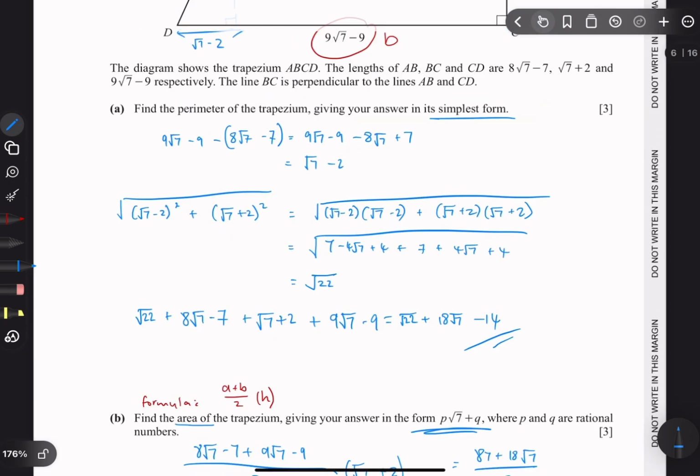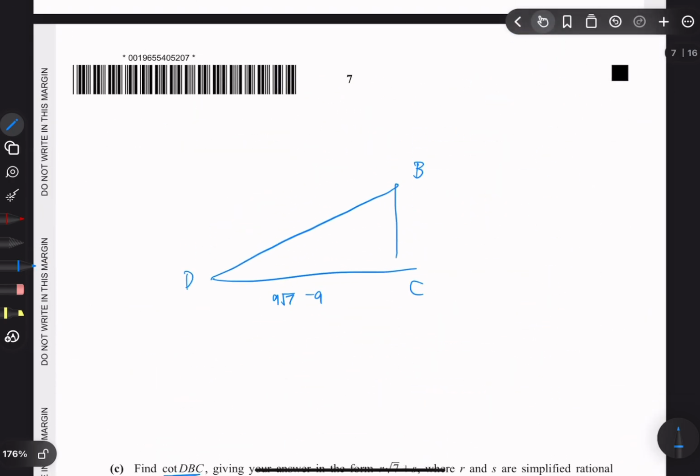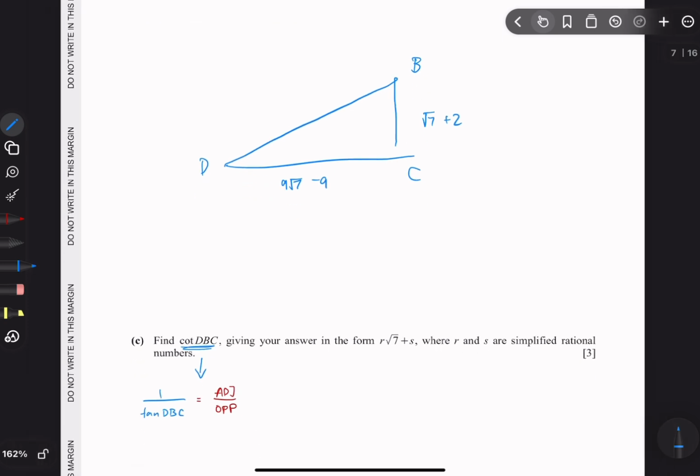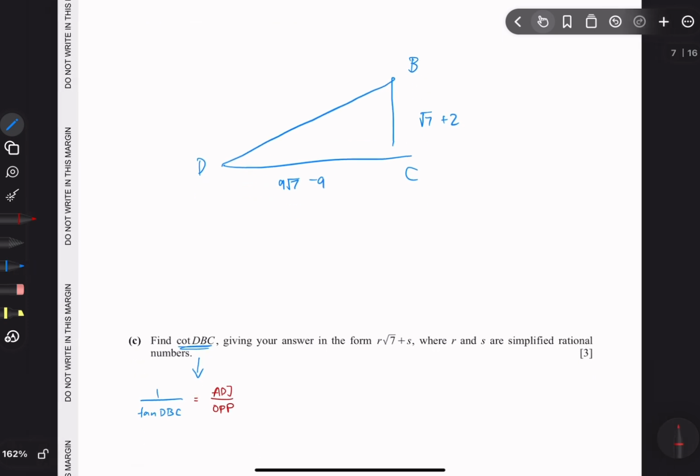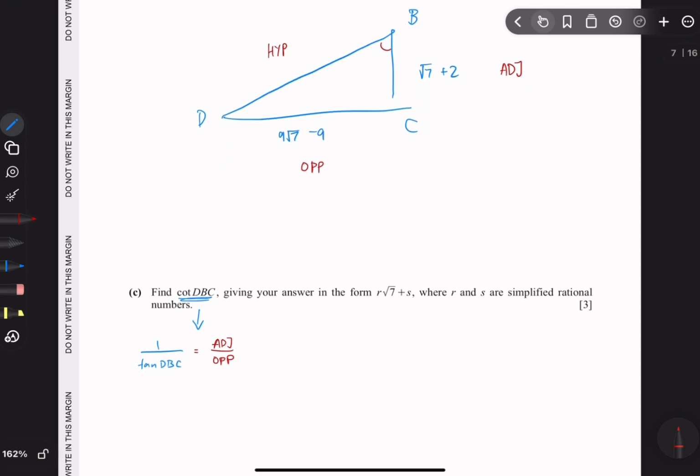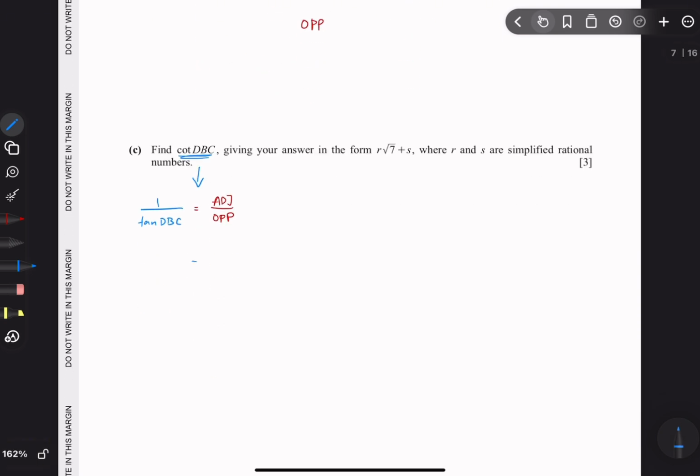And BC, root 7 plus 2. Okay, so we want the angle DBC, which is this part. And the adjacent is this part, the opposite, and the hypotenuse. And since we have the adjacent and the opposite, we can rewrite this.